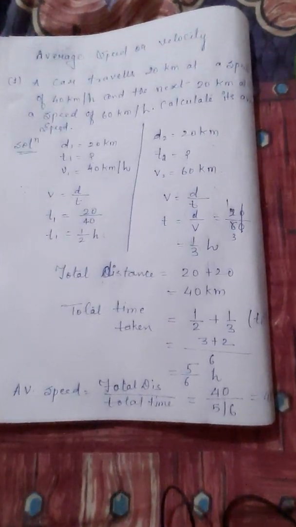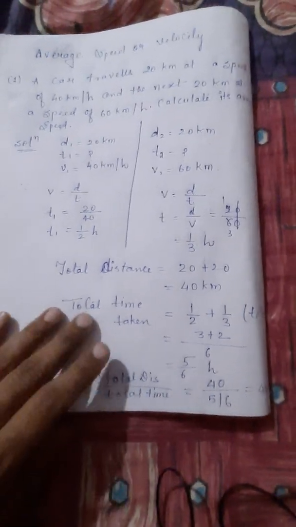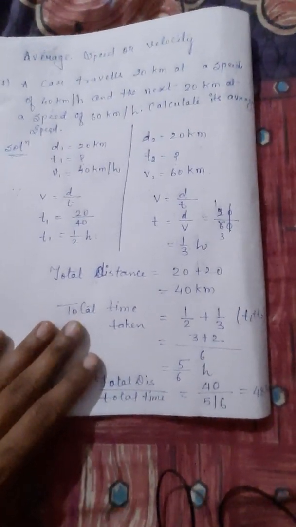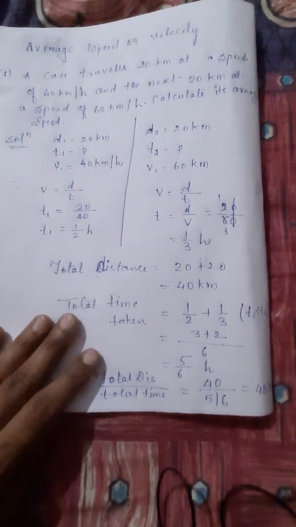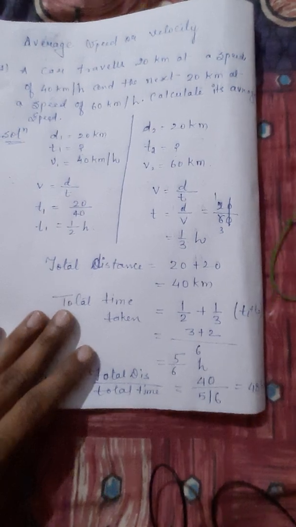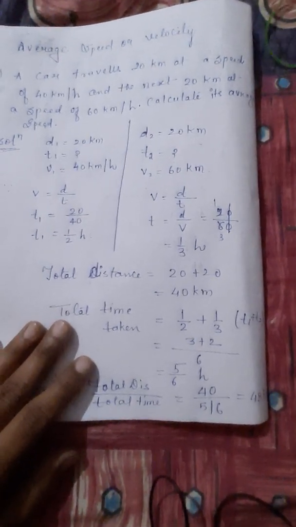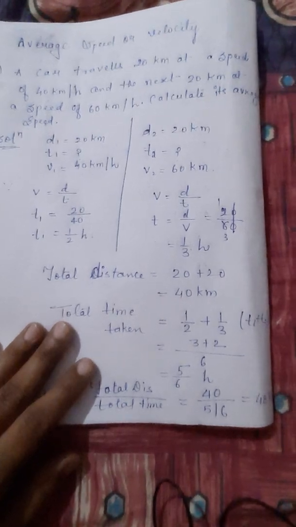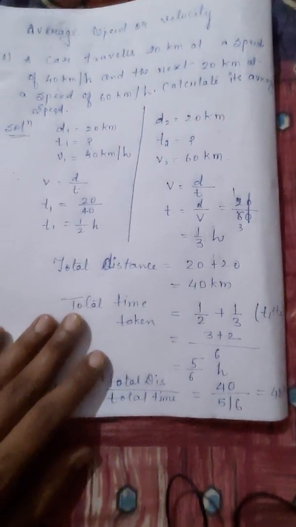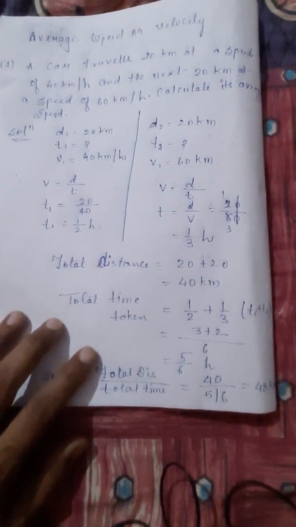Another example I have taken for average speed or velocity. The question is, a car travels 20 km at a speed of 40 km per hour and the next 20 km at a speed of 60 km per hour. Calculate its average speed. First, we'll write what is given to us.